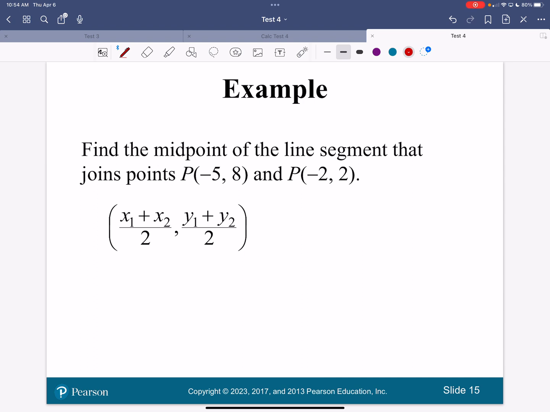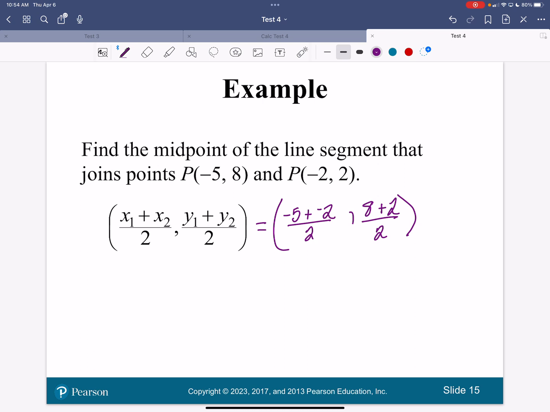So what I'm going to do is take this x coordinate and add it to this x coordinate and divide by 2. So I'm going to have -5 plus -2 divided by 2. Then I'm going to take this y coordinate and this y coordinate, add them together and divide by 2.